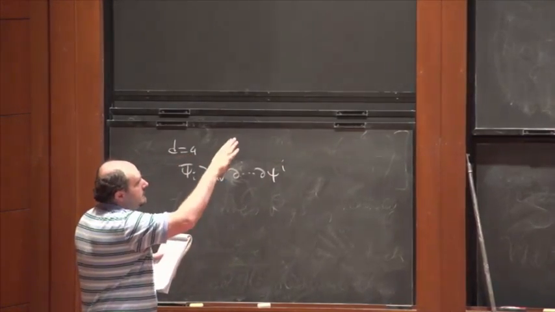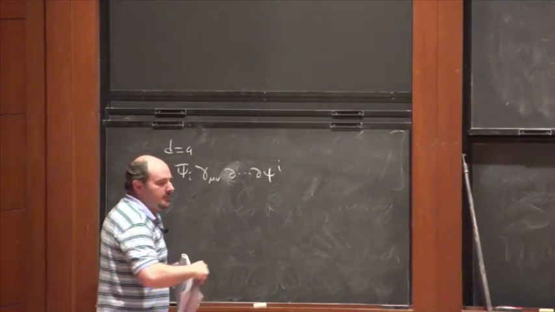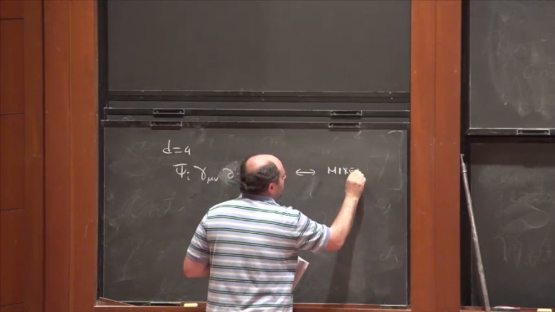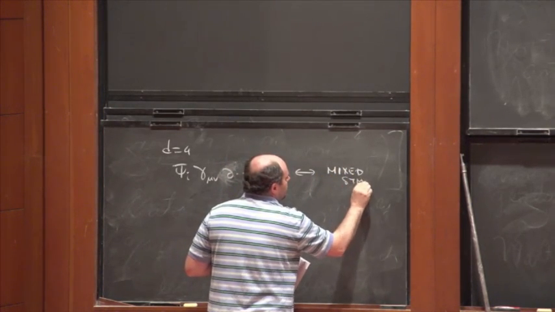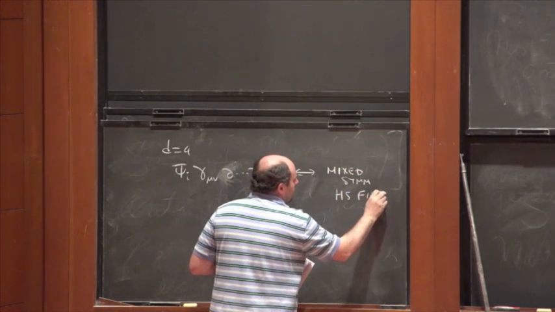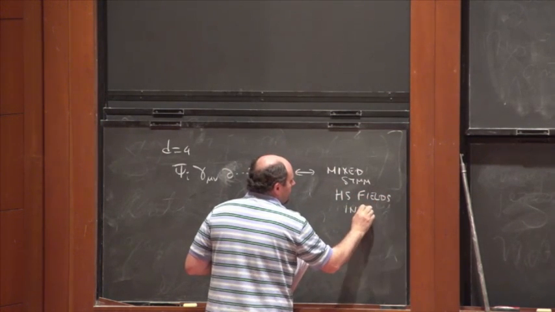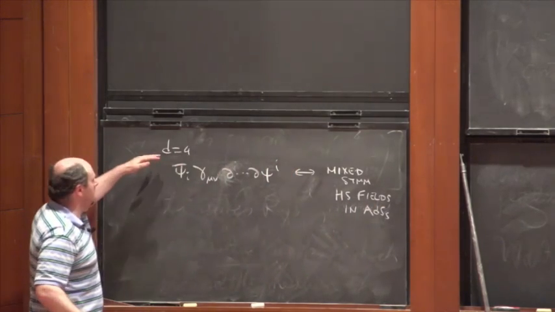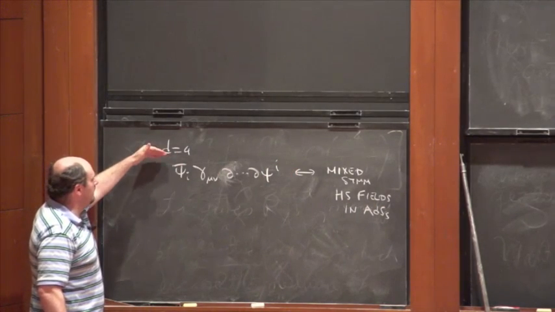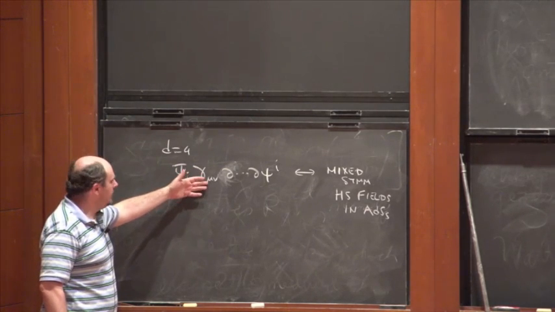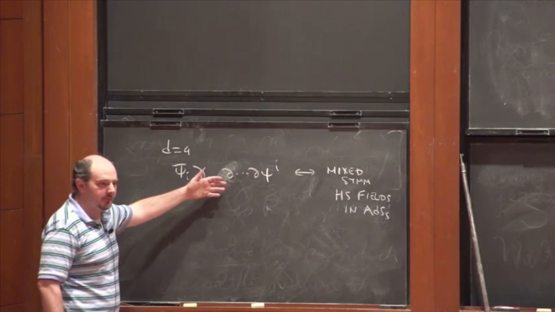So besides those, there are also these, which are dual to mixed symmetry higher spin fields, in this case in AdS 5. You can do this in any dimension. Go higher and higher, you have more and more operators because you can put several of these gammas together.